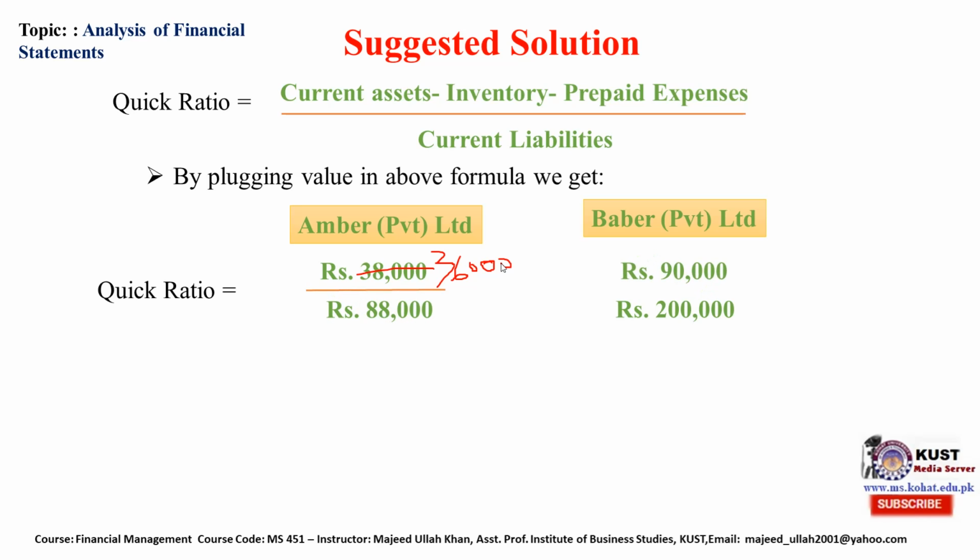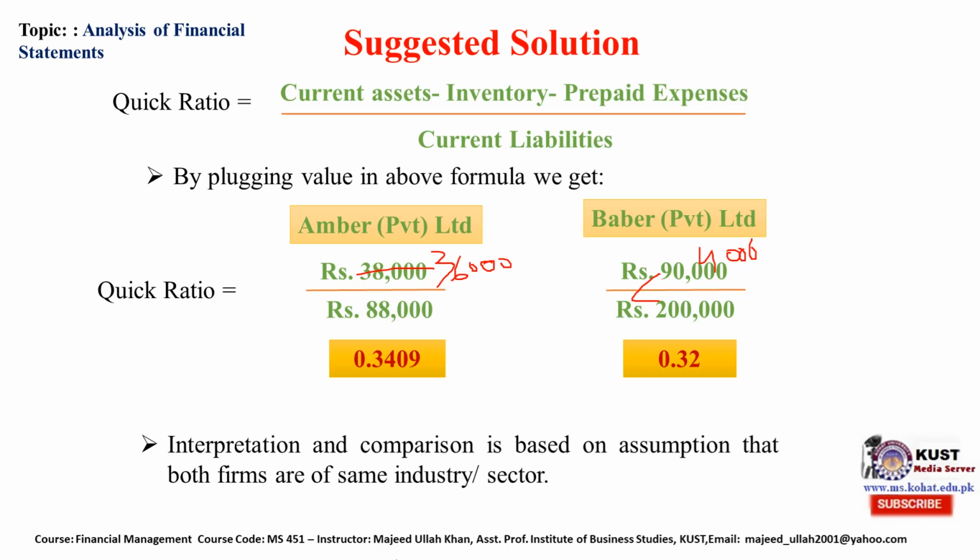Similarly, it will not be 90,000, it will now be reduced by 4,000. So 32 and 34.